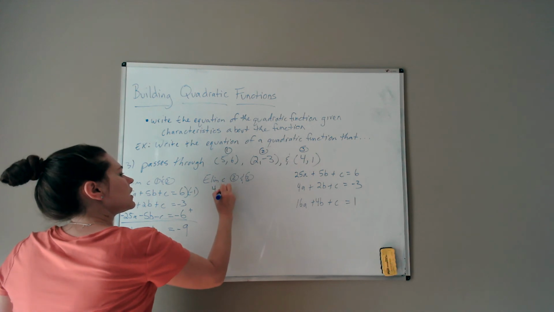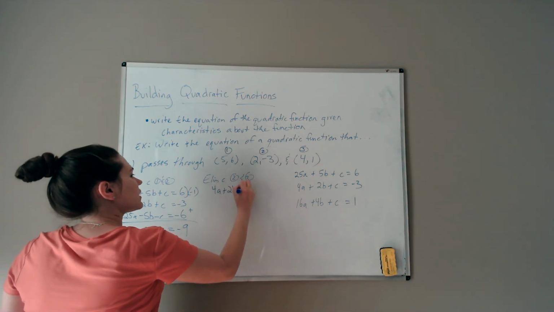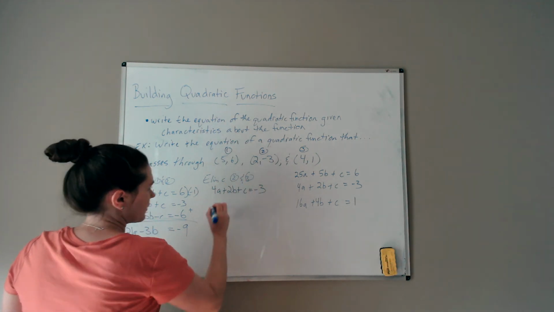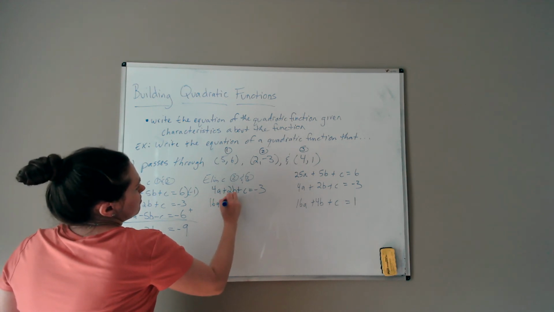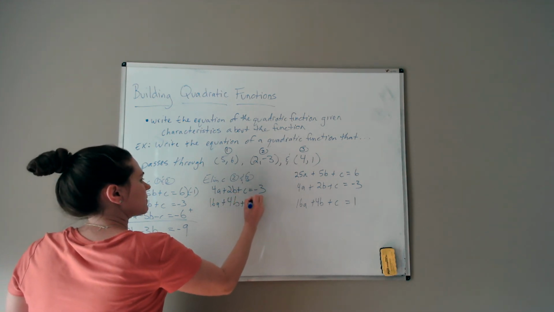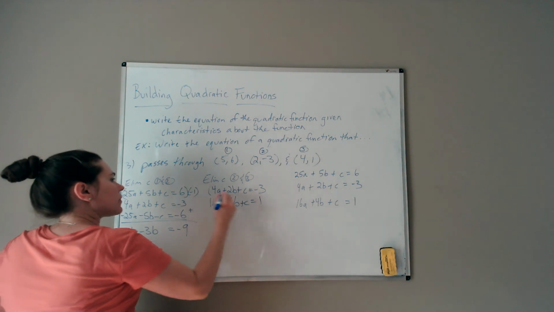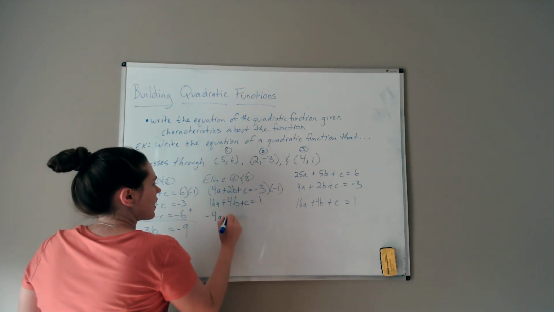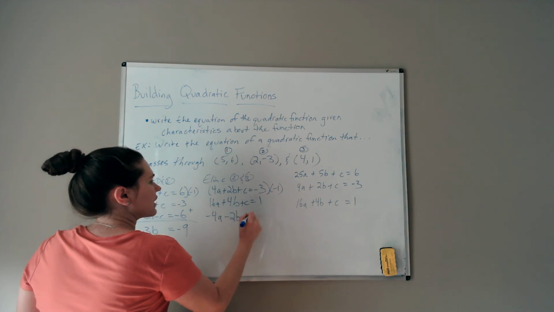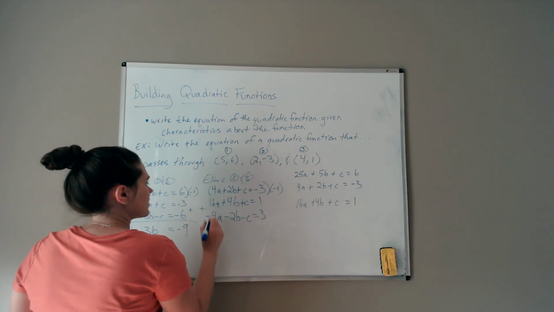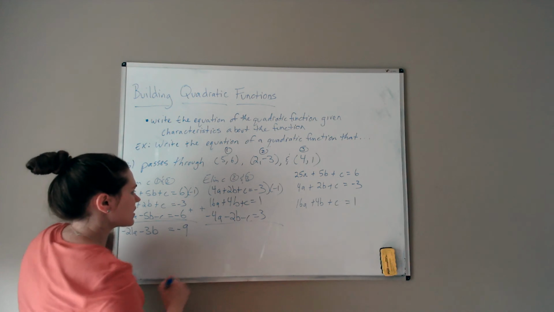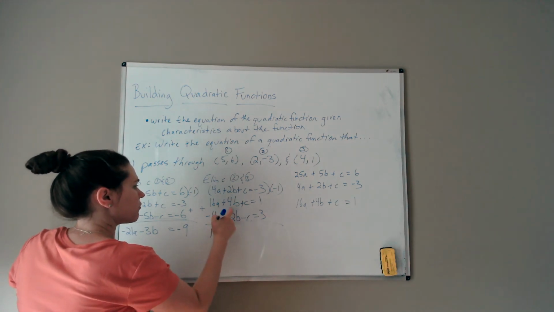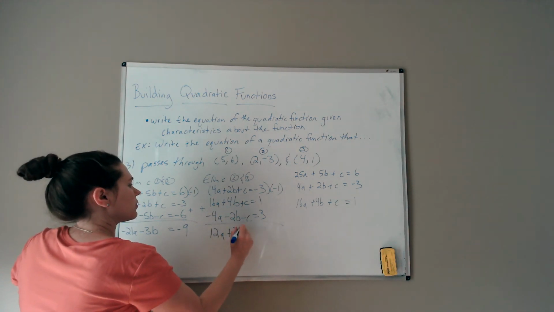Equation 2 is 4a plus 2b plus c equals negative 3. 16a plus 4b plus c equals 1. I'll multiply the first equation by negative 1. That's going to give me negative 4a minus 2b minus c equals 3. Add these up. 16a minus 4a, that's 12a. 4b minus 2b, that's plus 2b.